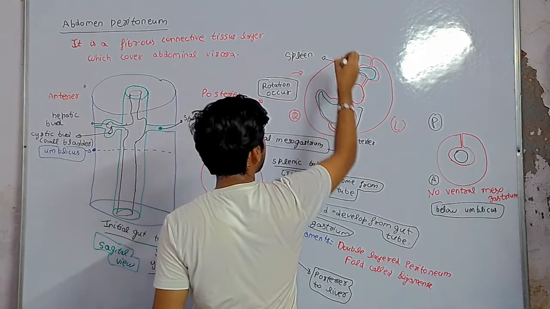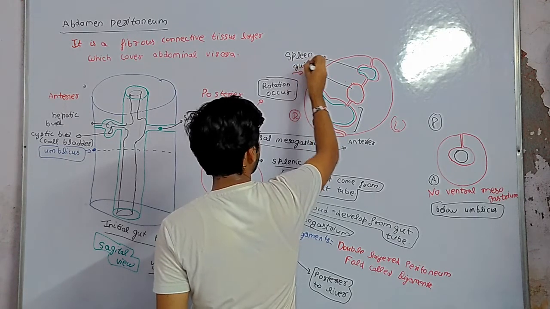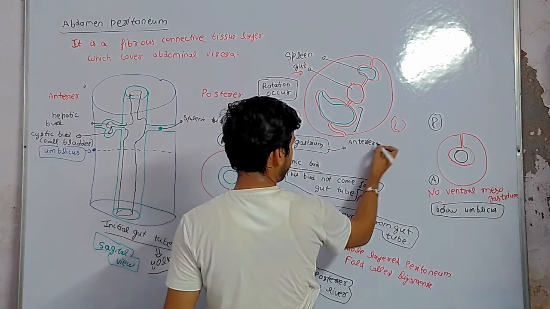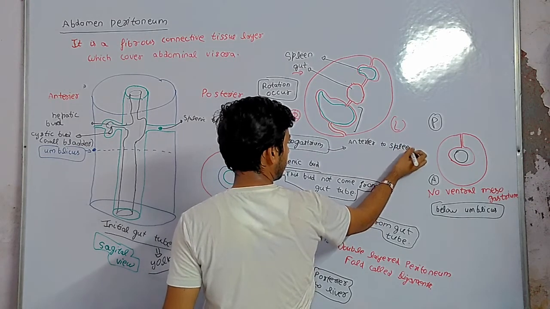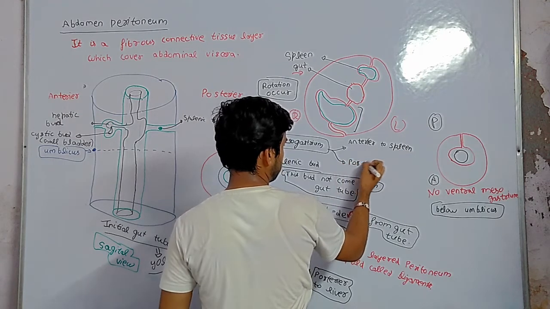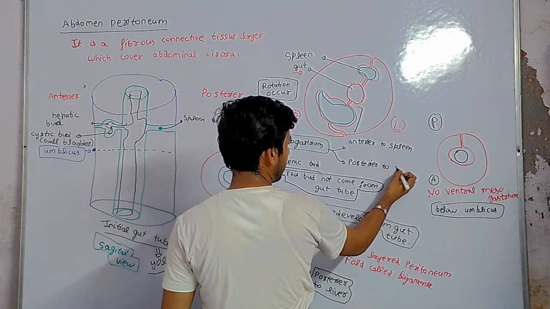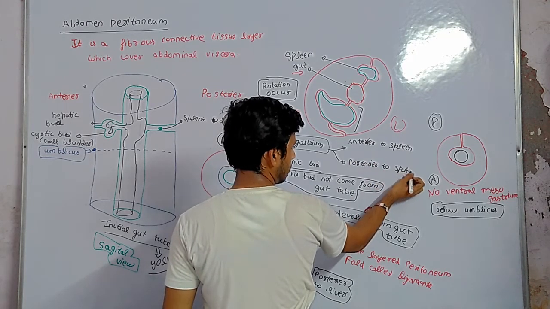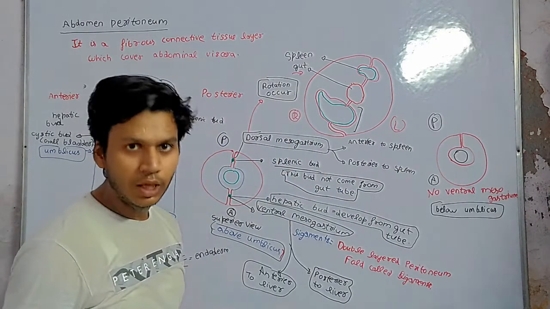This is the gut, and this is the liver. So it forms ligaments which cover the liver. Done.